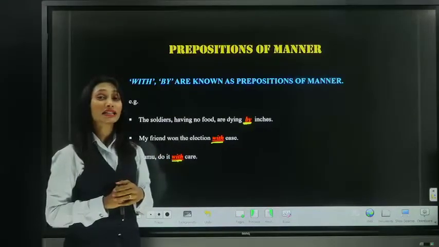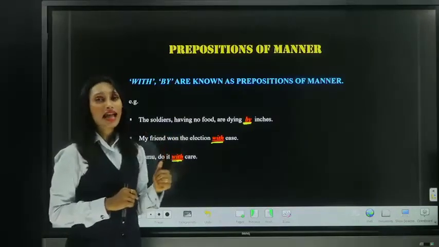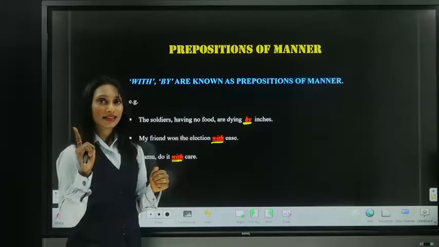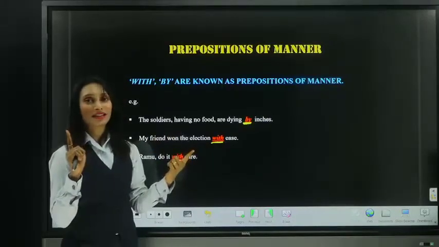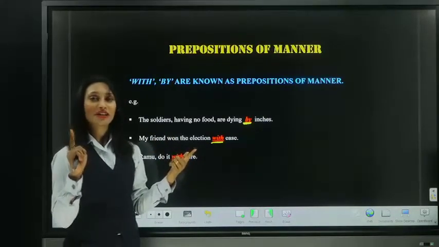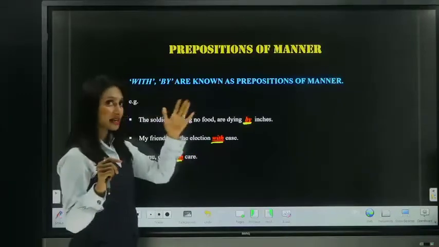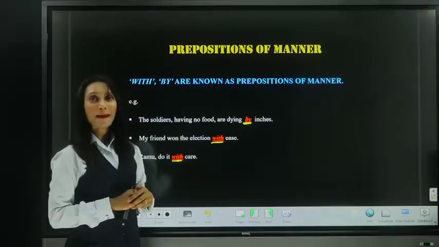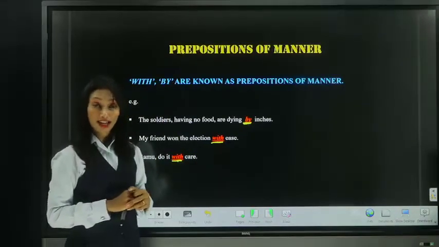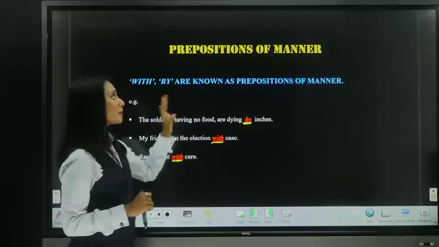To indicate who did the action? By, agency. What is the thing, the instrument used for the action? With. But again, by and with are also used to indicate the manner of an action. So that's about prepositions of manner.